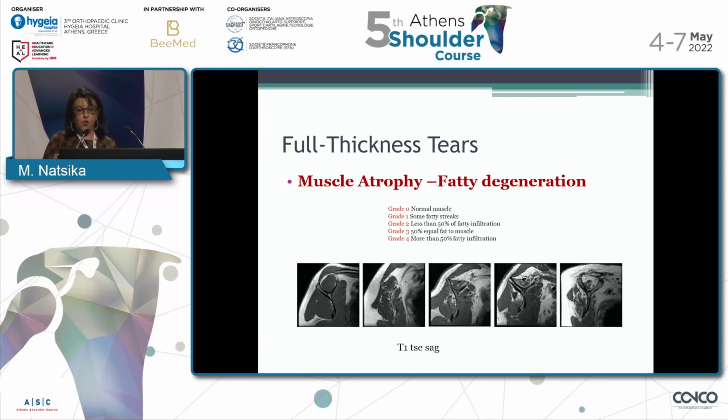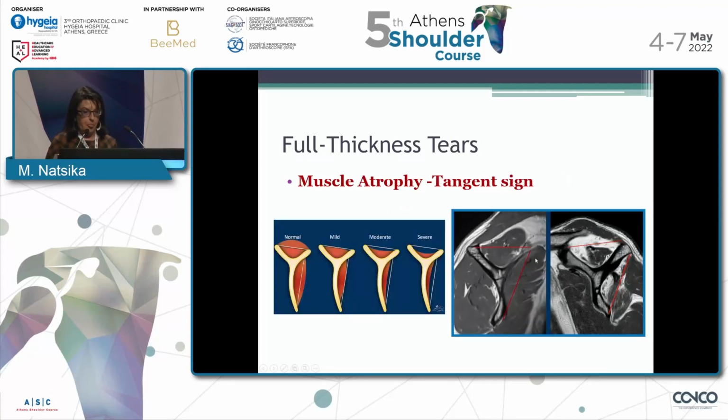And now, after Isakos administration, here is the well-known new classification, when we start with the normal muscle, and we finish when we have more than 50% of fatty infiltration.